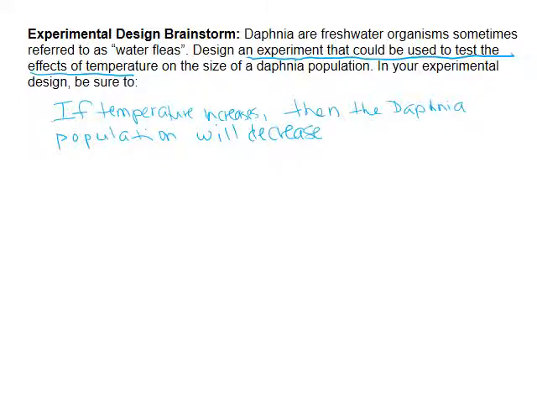Okay, the next thing they wanted us to do was to identify the variables, I think, right? No, okay, so they want us to test to see what goes in the control group and what goes in the experimental group. So in my control group, I'm probably going to put Daphnia. I'm going to be specific, so I'm going to put about 20 Daphnia.